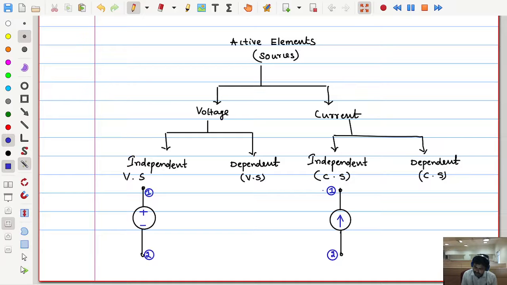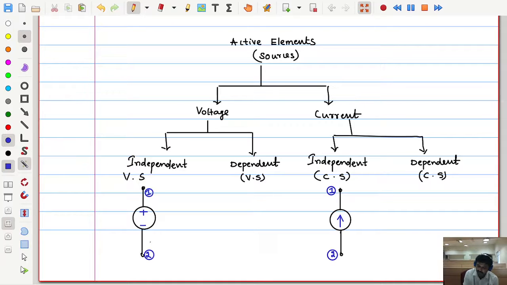Remember, wherever you see a circle symbol, that represents an independent source. If inside the circle there is a polarity representation, it represents the potential difference, which is the voltage source. If there is an arrow pointing in either direction, we call that the current direction, so we call that the current source.